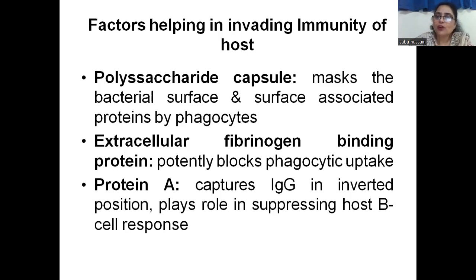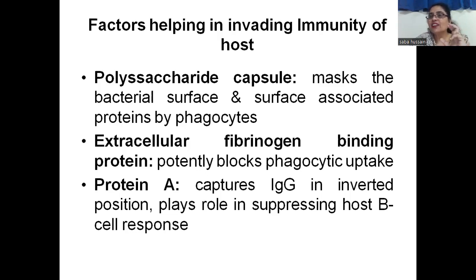What I want is to not break the continuity of the topic. What we are discussing is that Staphylococcus as a group has a certain number of microorganisms, a certain number of bacteria which can cause infections in humans. It can cause infection in humans by fooling the protective system, the defense system of the human body. The defense system of the human body is maintained by two types of immunity, that is natural and acquired.